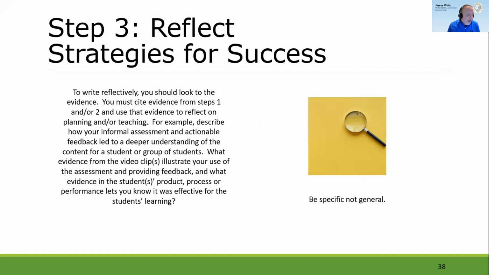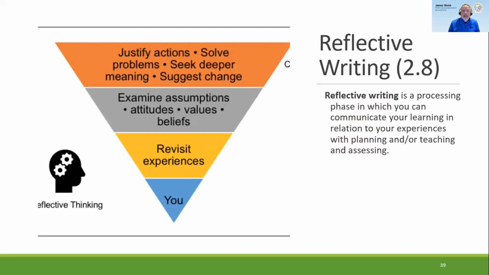In addition, we have a graphic that may help you understand this in this rubric, which is 2.8. And that is looking at how you can use the locus or the center of you and think about reflective thinking. So if you look at this inverted paragraph, we have you at the center, what you did.